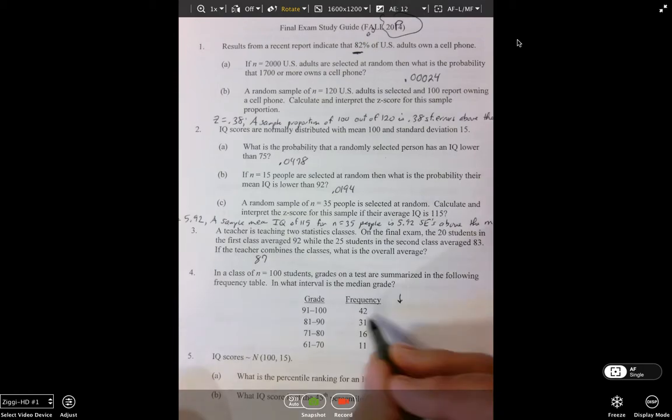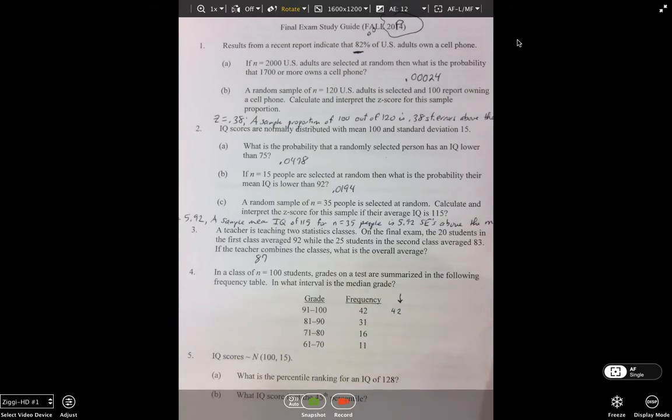So I know if 42 students is in 91 to 100, then I have a total of 42 students whose grade has been accounted for so far. Now I have 31 students, so if I add that 31 to 42, now I get 73, and then plus 16 I get an 89, and then I get a 100.